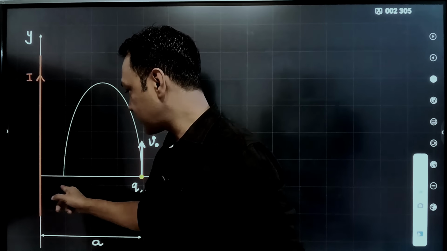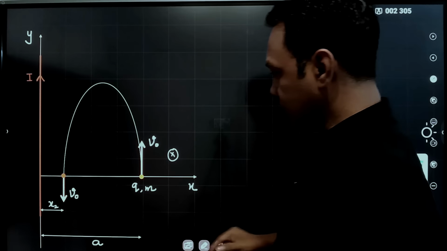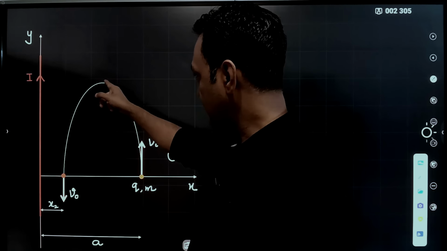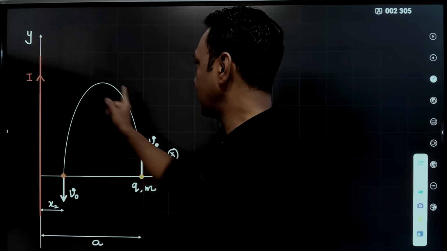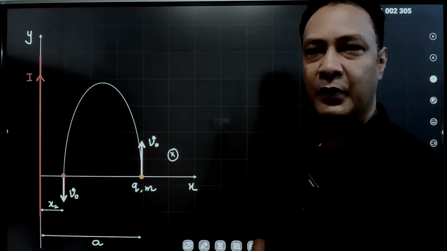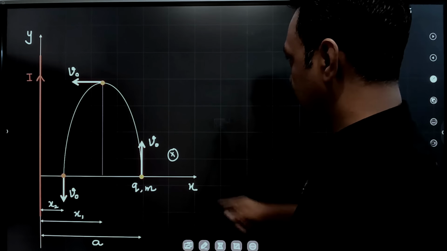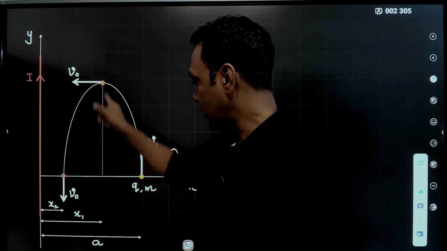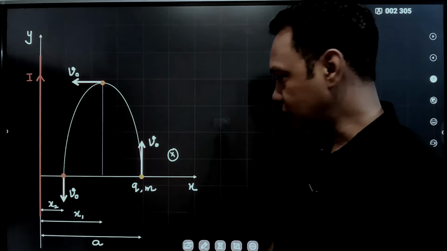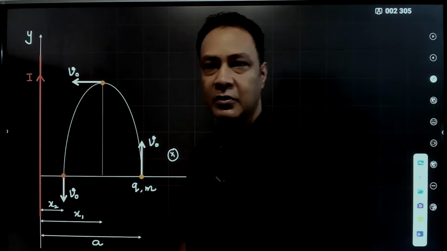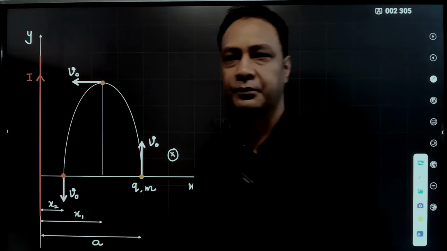So we have to find this distance, and this distance I have written x2, and that is also one important point where the velocity has become parallel to the x-axis, or perpendicular to the y-axis. So that is that point, and at this point the distance of the charged particle from the wire I have taken as x1. x1 is an intermediate thing, but it would be used in solving. Alright, so basically we have to find x2.